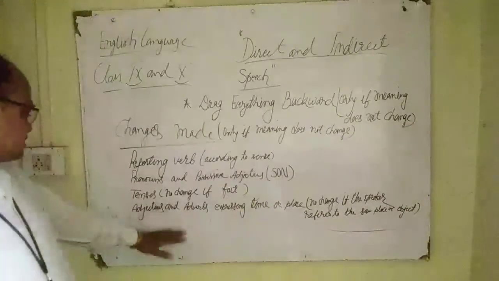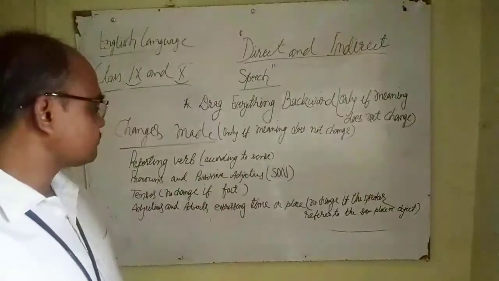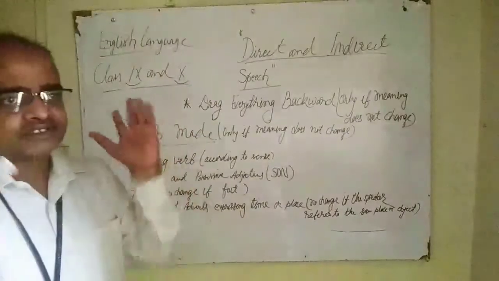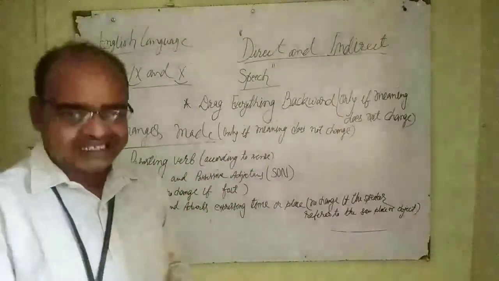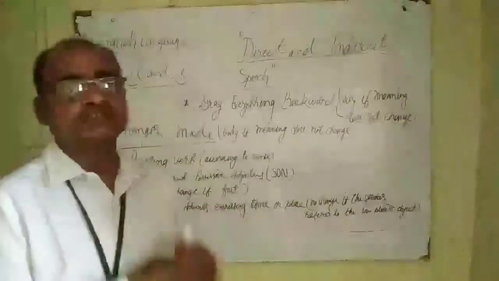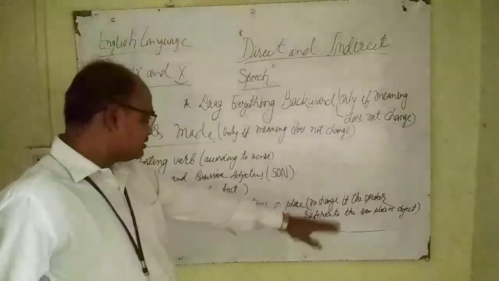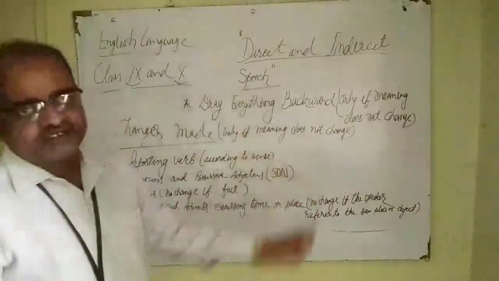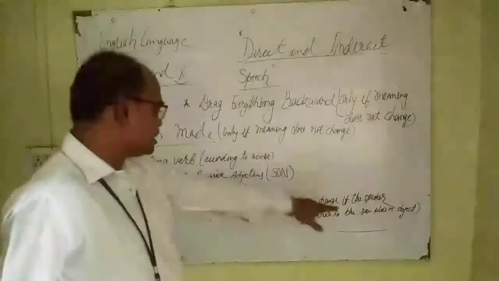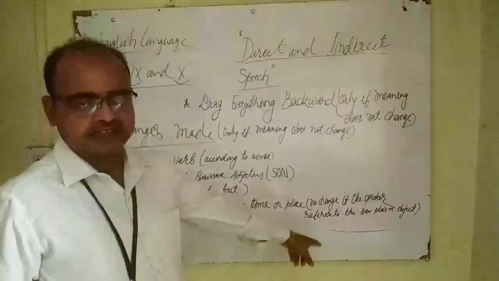So adjectives and adverbs expressing time or place, if they show nearness, are changed to the corresponding word showing distance. But if the meaning changes, then you don't need to change. It will remain the same. No change if the speaker refers to the same place or object.